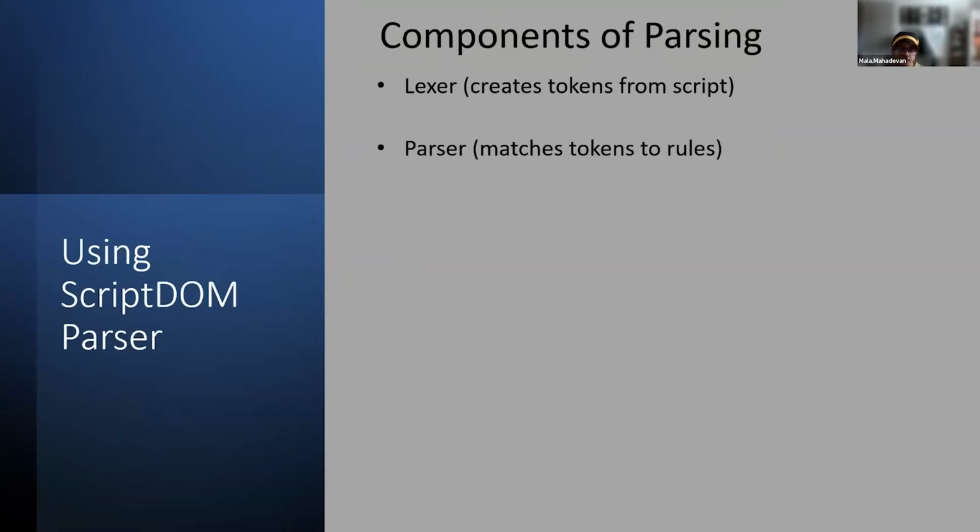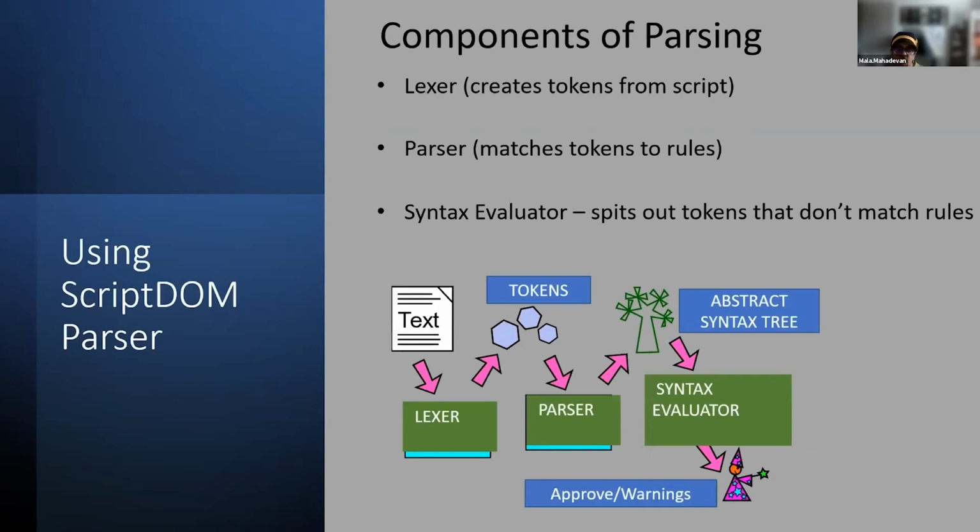So the three components are the lexer, which creates tokens from the script, and I'll show you exactly what tokens are in a second; the parser, which matches the tokens to rules; and the syntax evaluator, which spits out the tokens that are not matching, along with whatever internal rules SQL Server has. So it kind of works like this. The text goes first to the lexer.